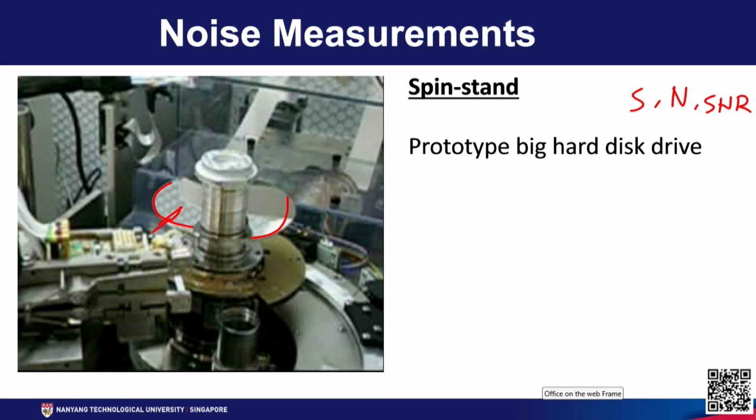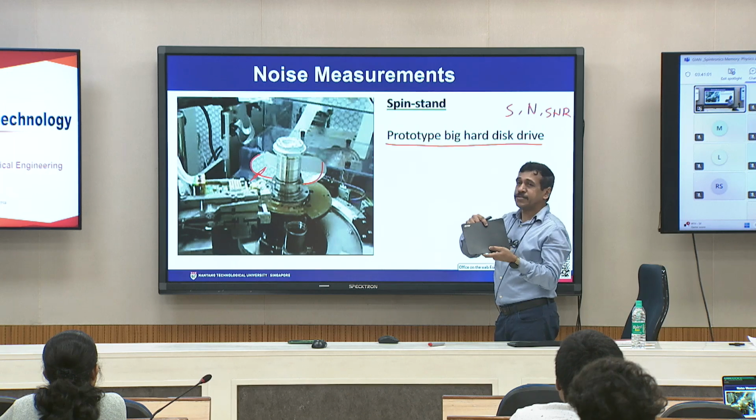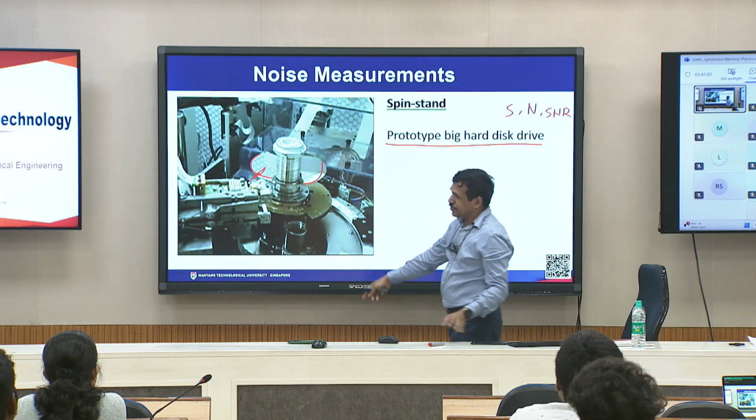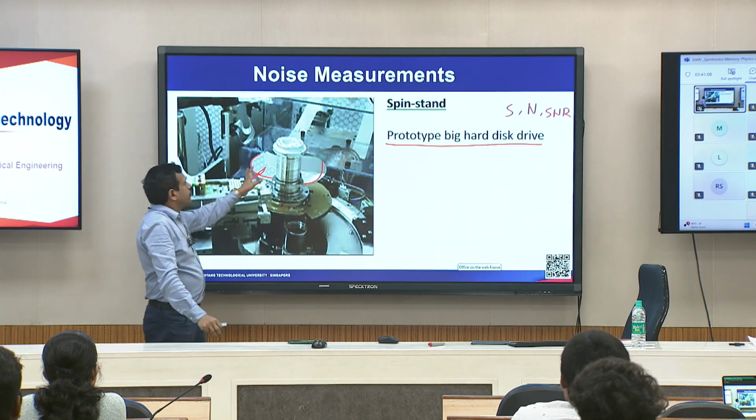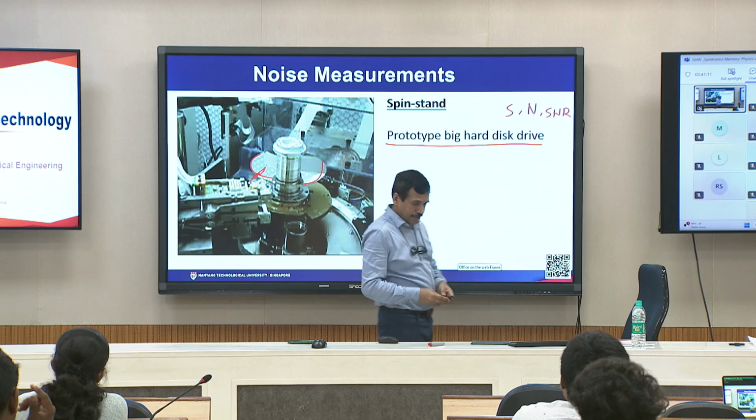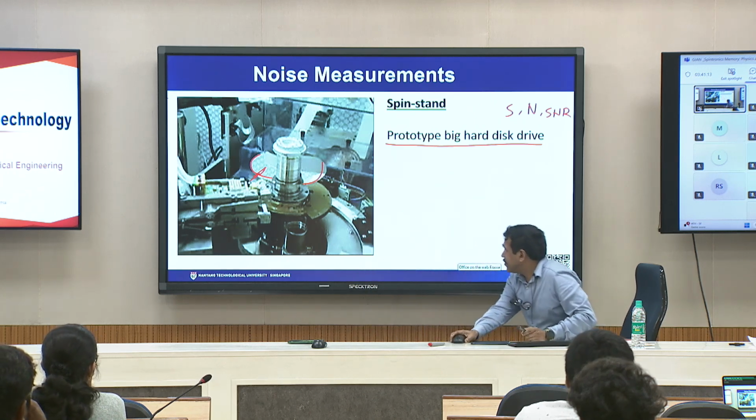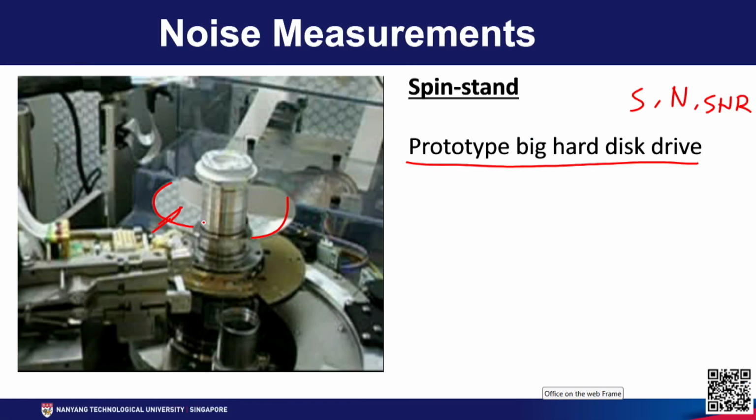So, we can read the signal, measure the noise, and measure signal to noise ratio using this device called a spin stand. It is like a prototype hard disk drive on a bigger scale. If your hard disk drive is like 1/4 of this size, this device occupies like this much area. It is a prototype bigger hard disk drive, where we can place our disk and read, write and measure properties like signal to noise ratio and so on.